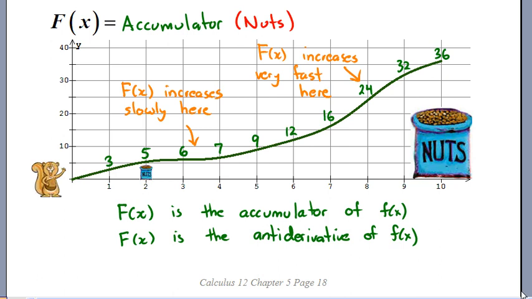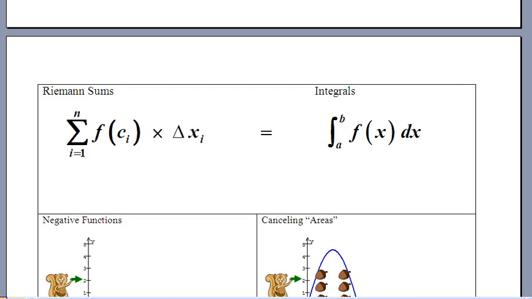All right, one more page of looking at our little chipmunk here. Riemann sums. Back a day when we were looking at ribbons, we said, oh, you could add up a whole bunch of ribbons. That's all Riemann sums are about. Just when you see that idea of Riemann sums, we're just adding up some ribbons.